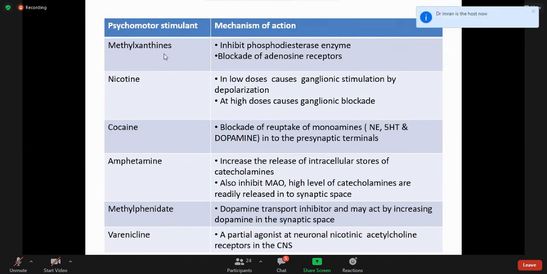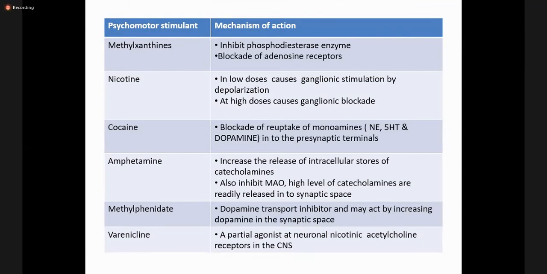Okay, now we have already discussed the examples of psychomotor stimulants. Now the mechanism of action. Methylxanthine, how does it produce its activity? It will inhibit the phosphodiesterase enzyme, and it also blocks the adenosine receptor. If you have studied the treatment of asthma, try to recall: methylxanthine is an important group, and there is a drug that belongs to this group and can be used as a prophylactic treatment of asthma.